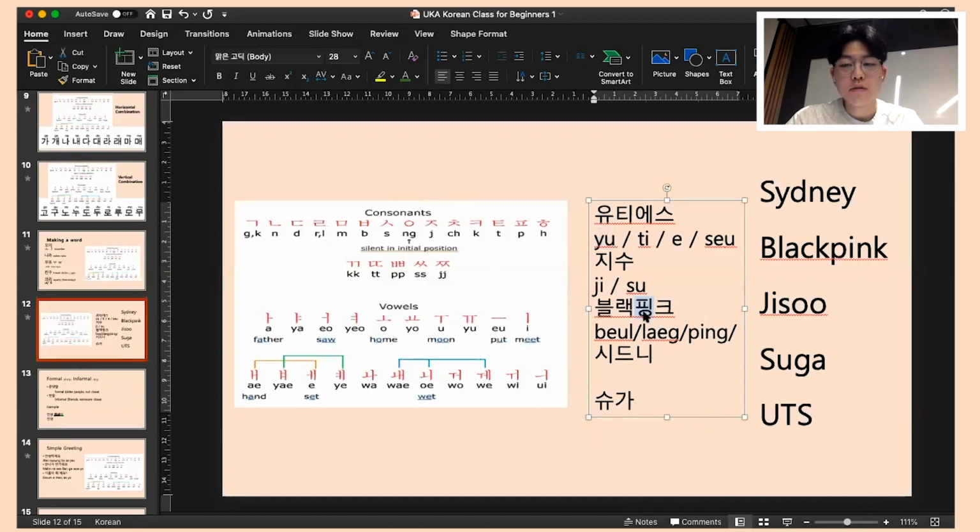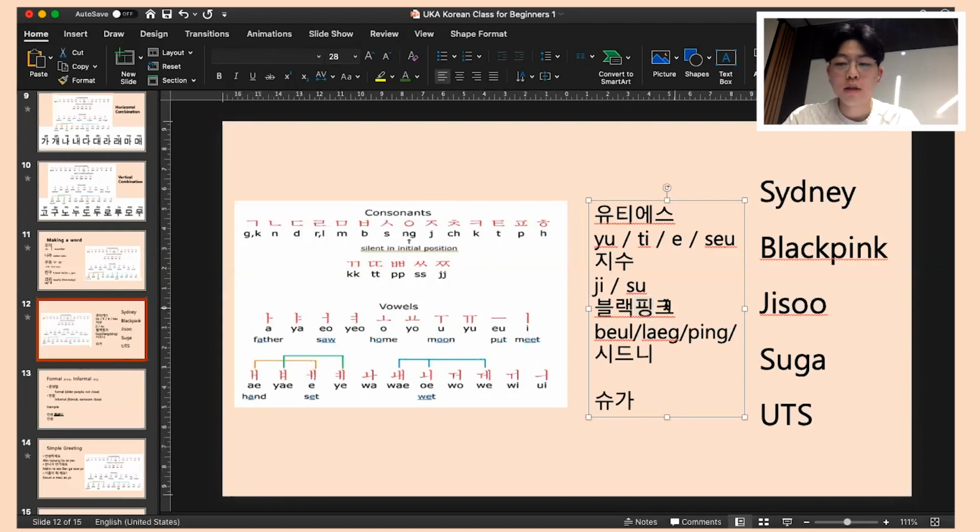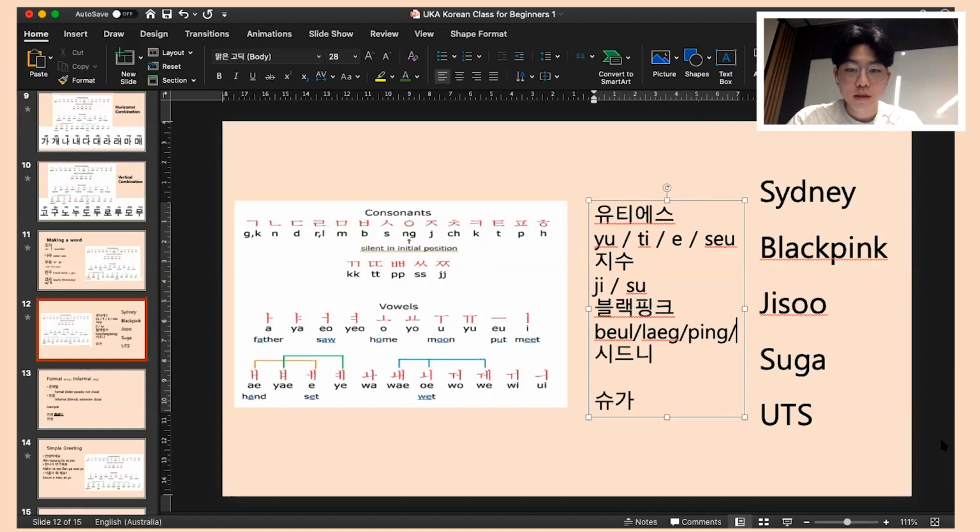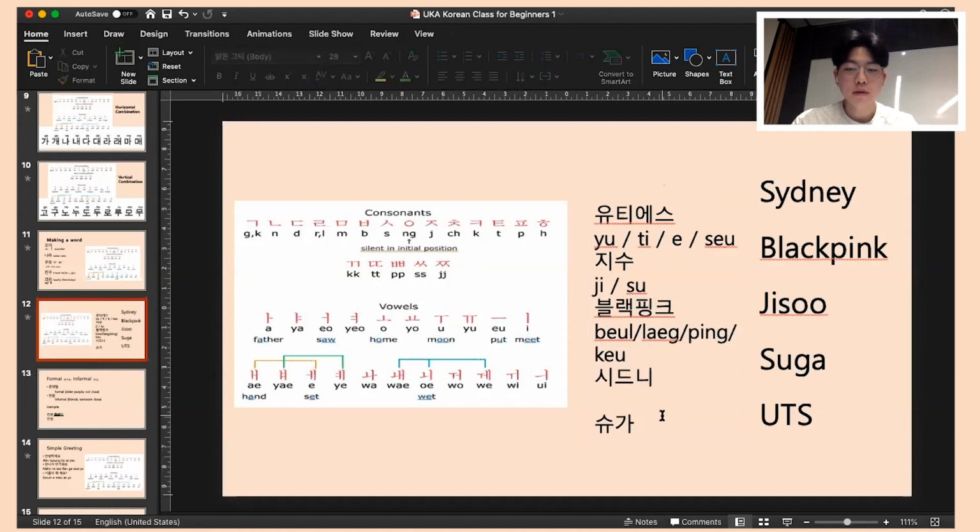If you put it down with the combination of P-I, it makes the NG sound, ping. And the last one, it's easy, K, U, black, pink, K, E. Yep.